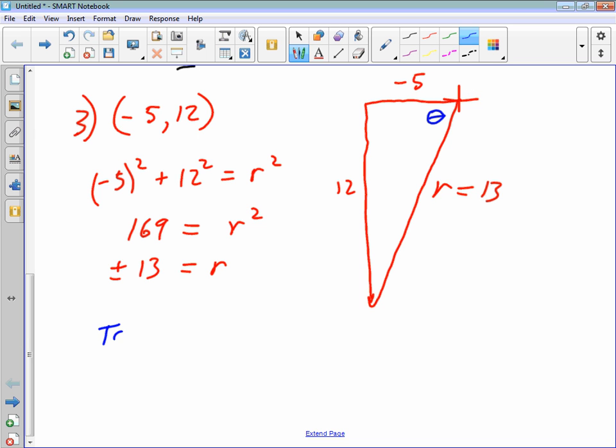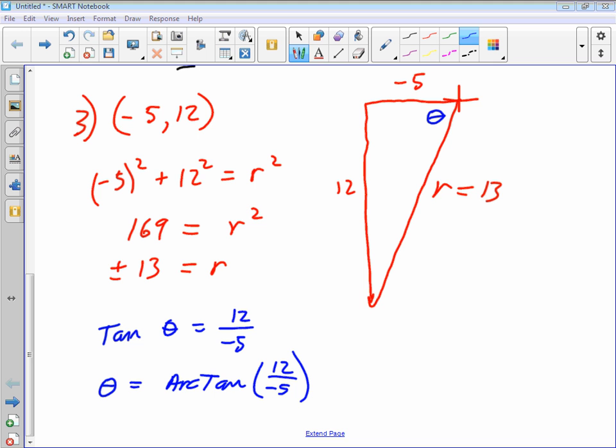So we can say tangent theta equals 12 over negative 5. So check that out right now. Theta then equals arctan of 12 over negative 5. Everybody try that for a minute. You may want to pause the video at this point.